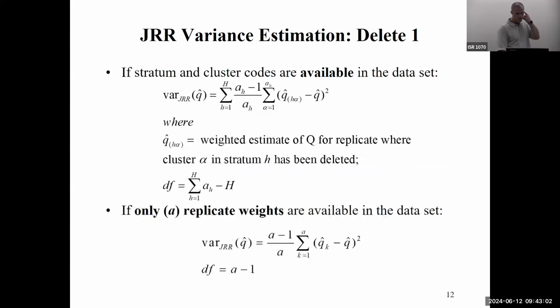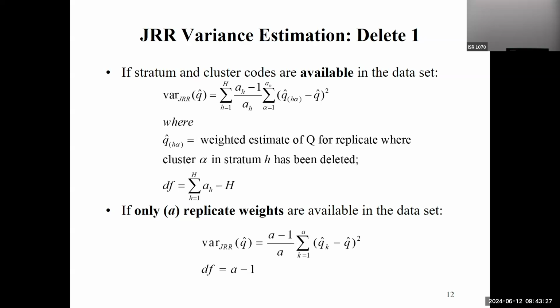Now, there are variations of exactly what information can be used to form these jackknife replicates. So if the stratum and cluster codes are available in the data set, we can write down the jackknife variance in this way. We're explicitly recognizing the deviation of the one replicate around the full sample estimate, the sum of those squared deviations.